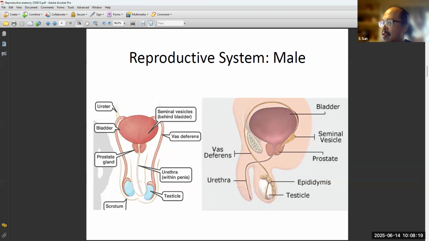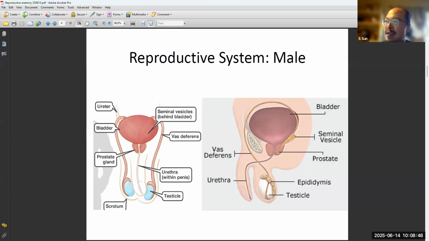So sperm are produced in the testicles, and then after maturation, sperm will get ejected during the sex process or activity. Sperm will get ejected into the female's body through the urethra. We talked about this in our urinary system.